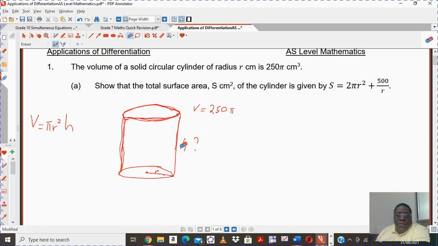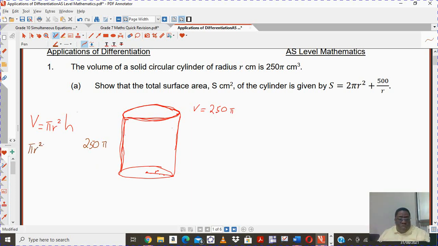But we are going to give this height in terms of pi and r squared. So just to write down what we have now, using that formula, we know that the volume is equal to 250 pi.